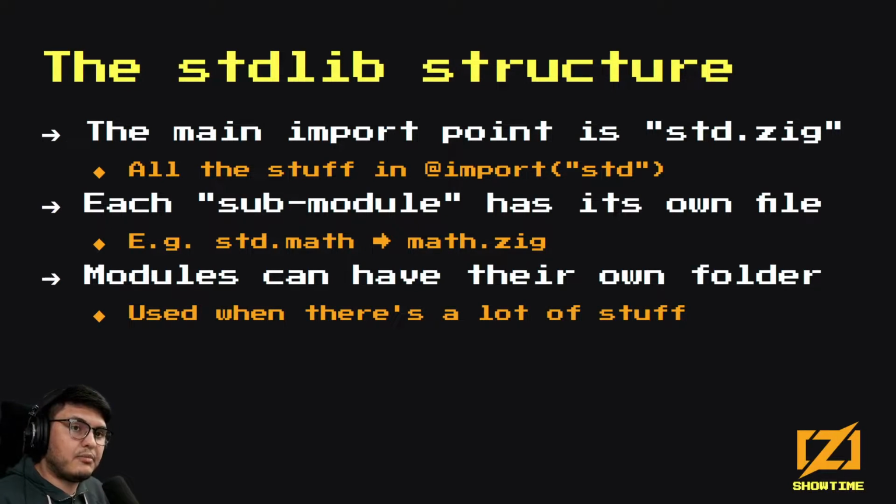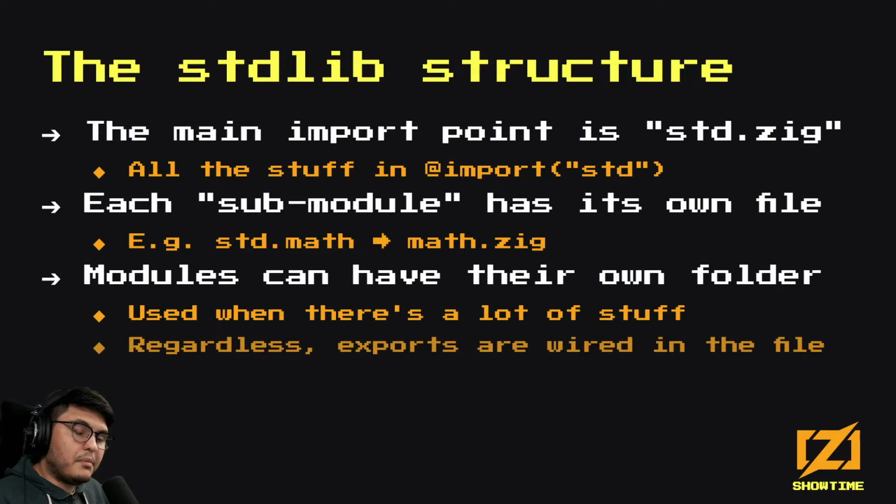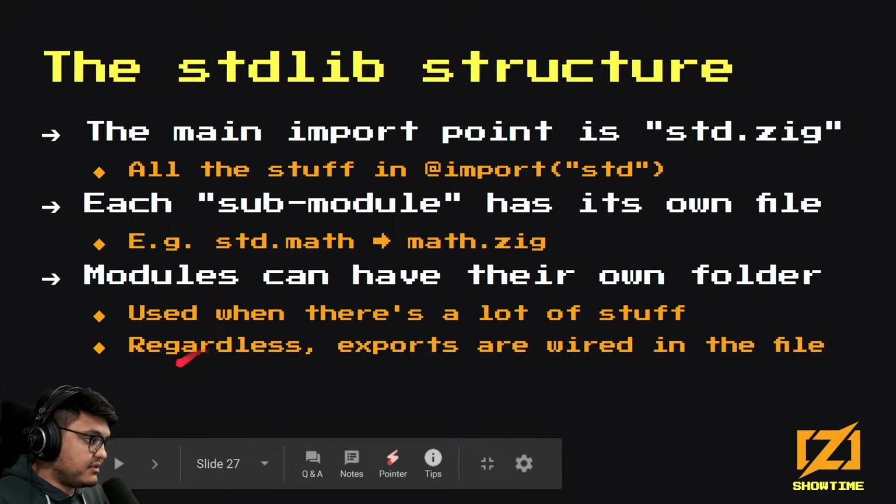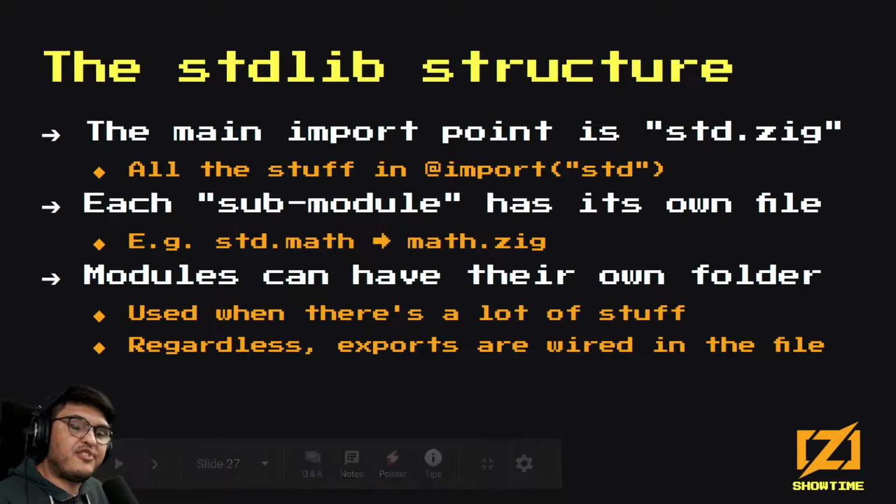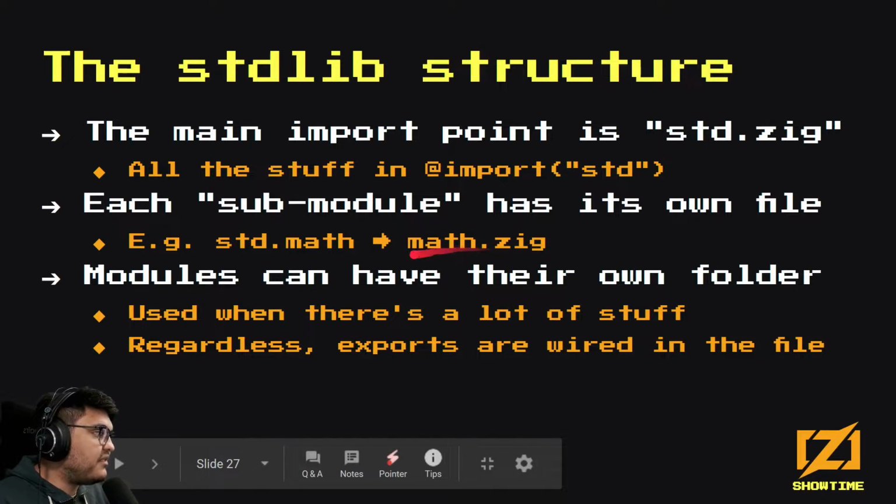So math has its own math folder. It's used when there's a lot of stuff. But the point is, regardless of whether there's this folder or not, exports are wired in the main file. So whatever you might find inside the math folder, you will find it first referenced inside math.zig.